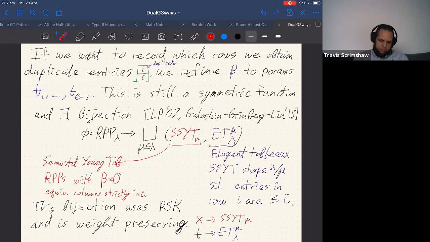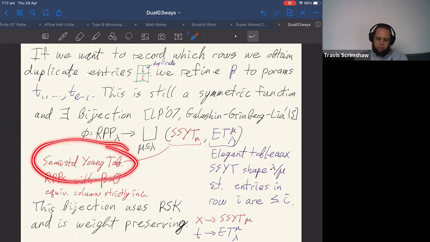And then we have this other object called elegant tableau, where what we do is we take the shape mu, which sits inside of the shape lambda, and we forget about those boxes. That gives us the skew shape. And then we fill those remaining entries following the semi-standard Young tableau condition.